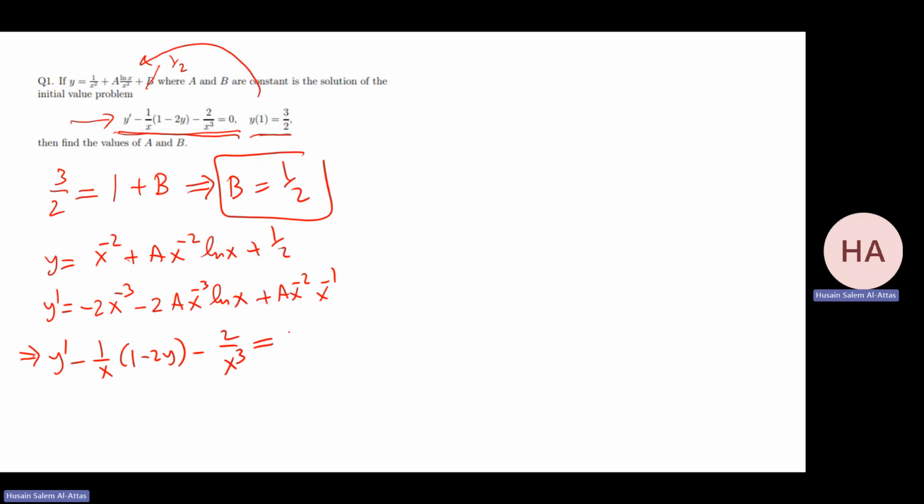Let me rewrite it. That will be minus 2x to the power minus 3. Change everything into powers. Minus A x to the power minus 3 ln x. This is what? A x to the power minus 3.